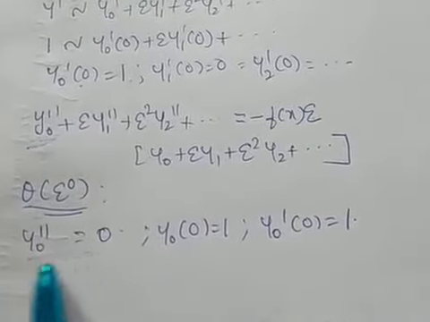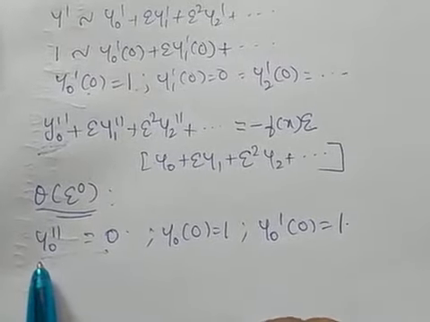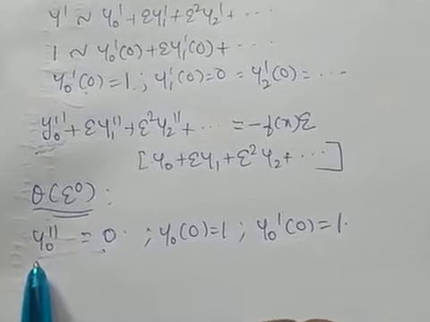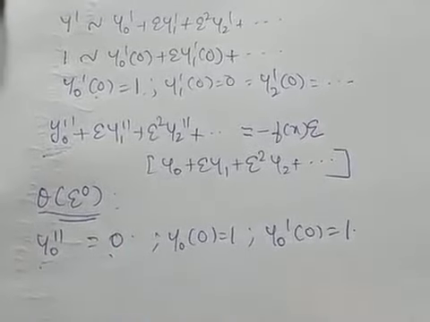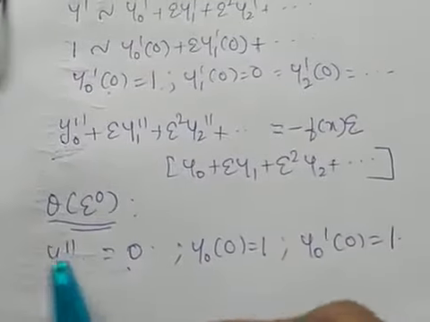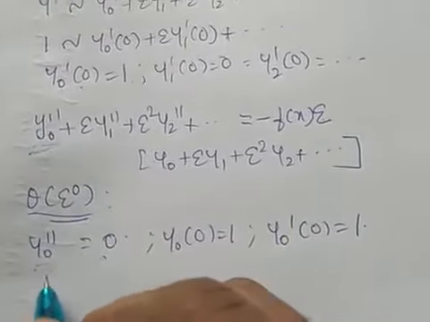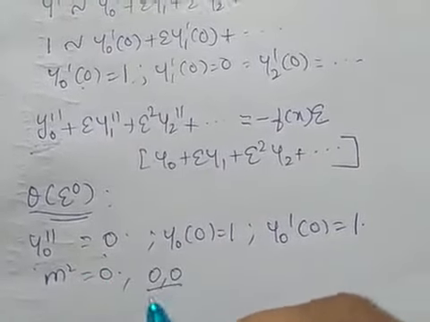So if we solve this, either we can integrate it twice or we can write the auxiliary equation also. m square equal to 0 means roots are 0, 0.